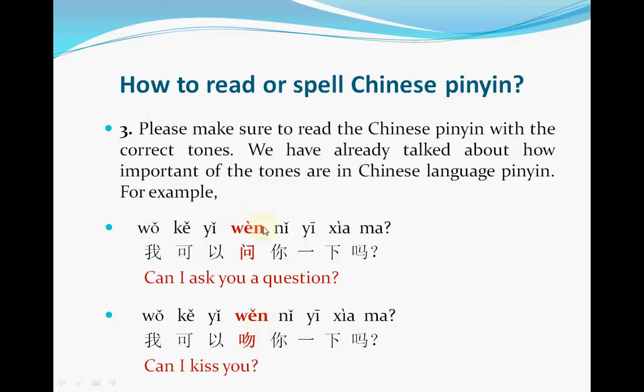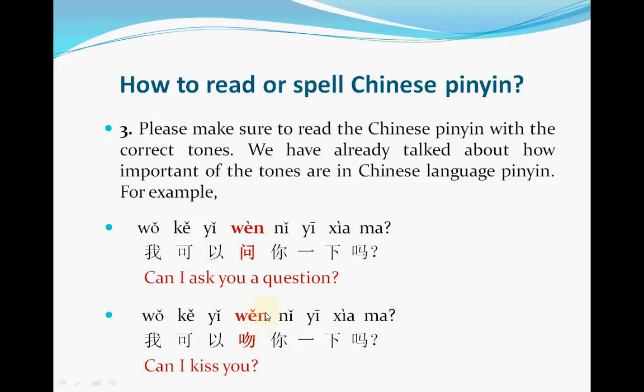So only one syllable with different tones can totally change the meaning of this sentence. 我可以问你一下吗 Can I ask you a question? 我可以吻你一下吗 Can I kiss you? Okay? So, when you read or spell Chinese pinyin, please make sure you read them with the correct tones.